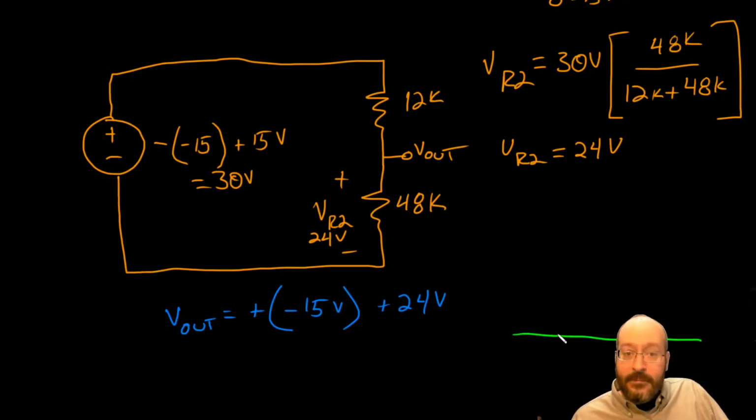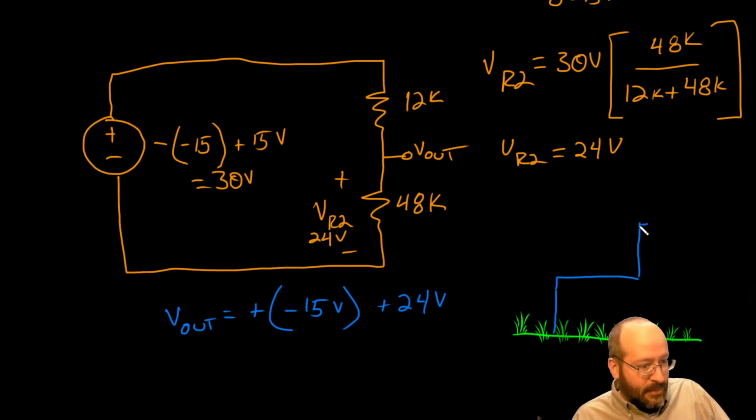If we're thinking about potential energy, we're starting at ground. As we move across that first supply, we go down 15 volts because of that negative, and then as we move across the resistor, we go up 24 volts.